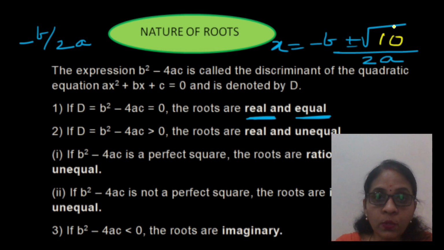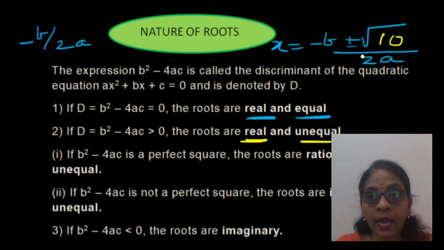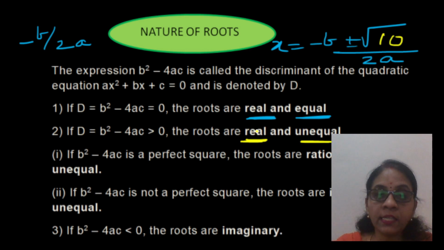So the values exist. That is why they say the roots are real and unequal. Why unequal? Plus or minus. When you add, you get one value. When you subtract, you get another value. That is the reason the roots are real and unequal.